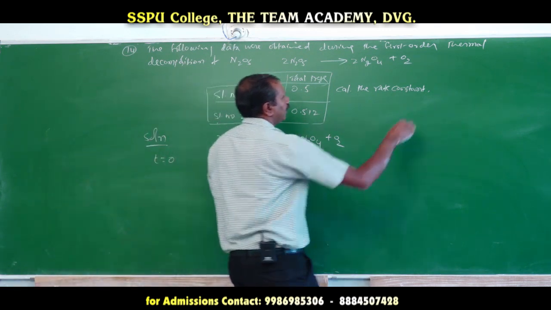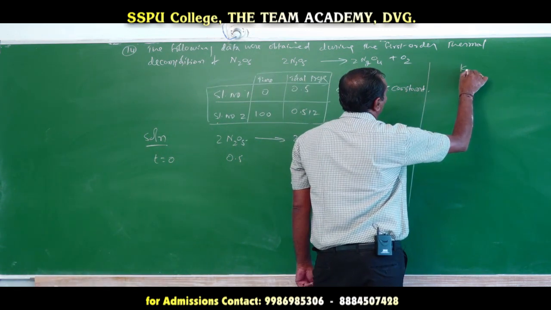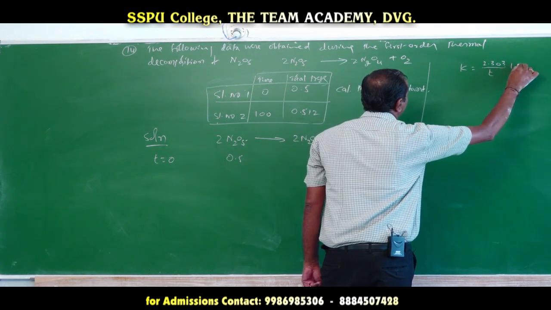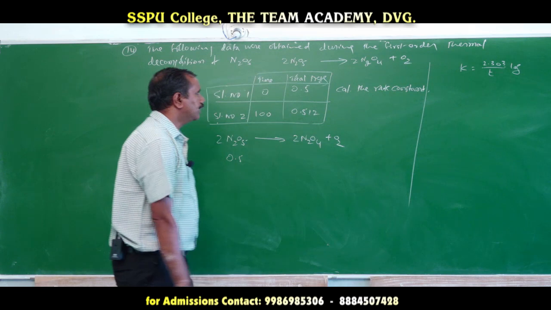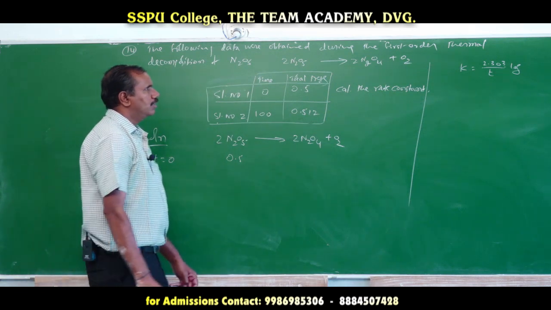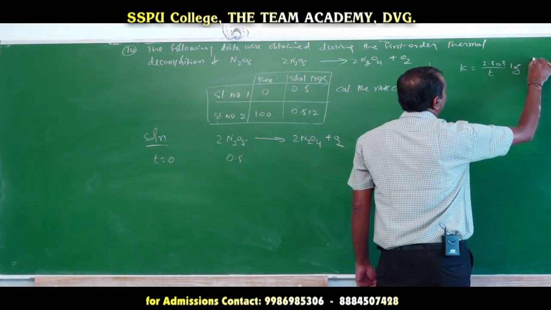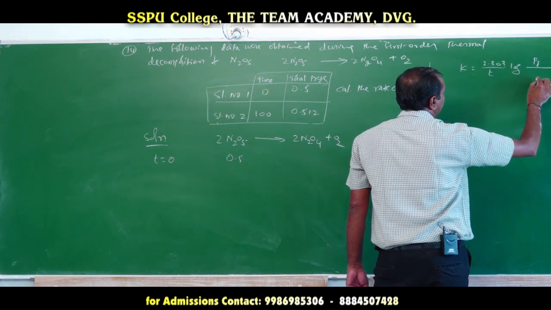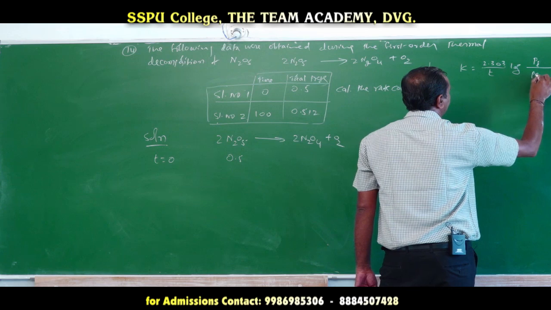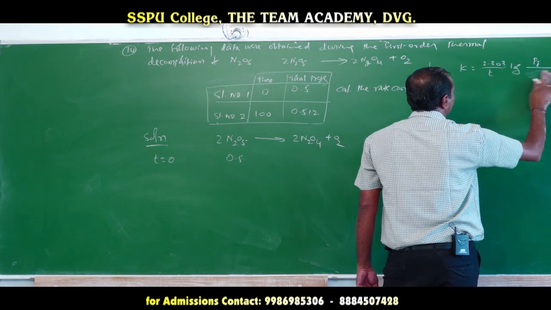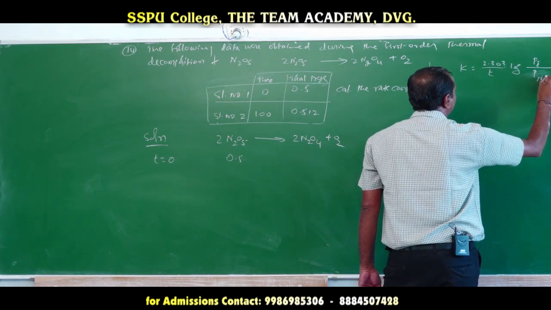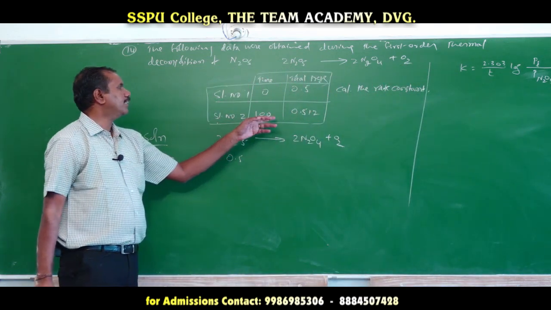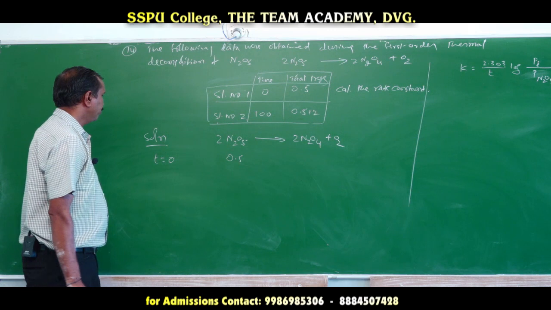K can be calculated by using the formula K equals 2.303 by T into log of Pi, the initial pressure, divided by the partial pressure of N2O5 at 100 seconds.